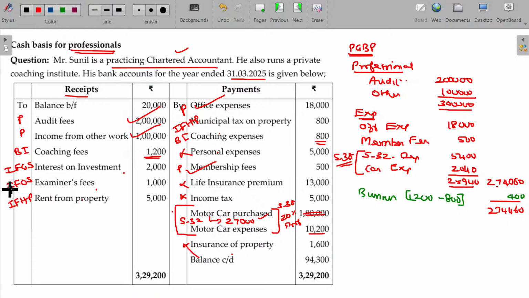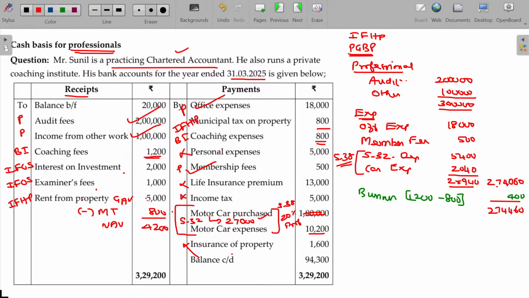Apart from that, income from house property will be taken. Rent from property being 5,000 minus municipal tax paid 800, 4,200 being NAV. This 5,000 rent received will be GAV. Sir, what about the fair rent and others? Sir, if those things are not available, rent of the property will be considered as GAV.